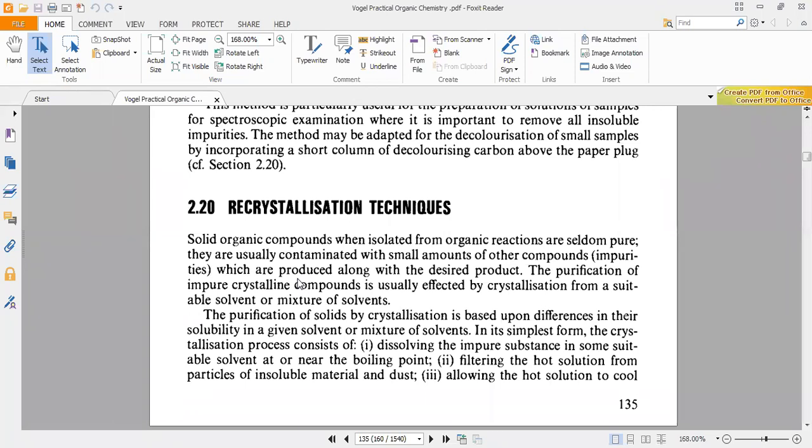Crystalline you are already familiar with: Bragg's equation is applicable when solids are arranged in a regular pattern. That is commonly called a unit cell. So they are in a crystalline state.